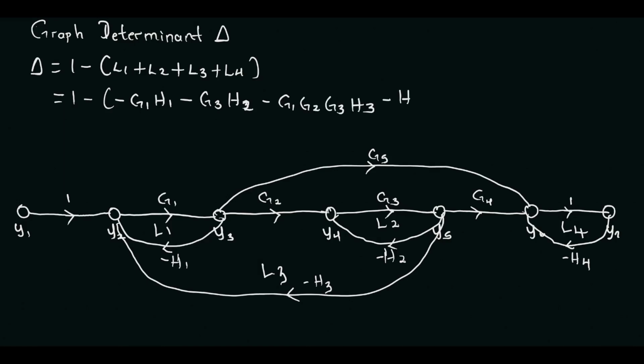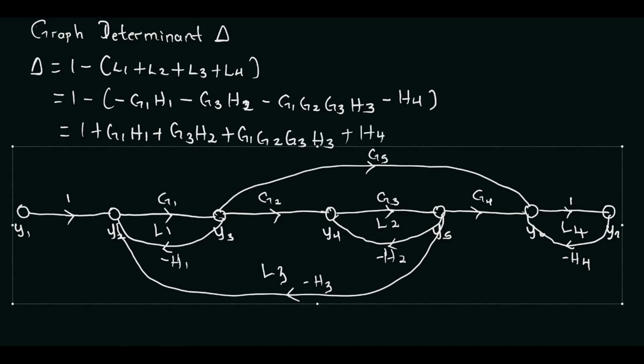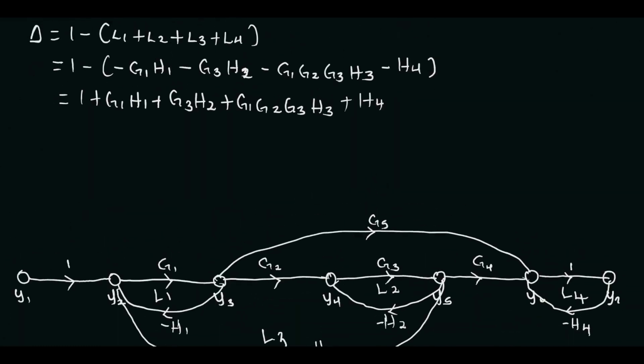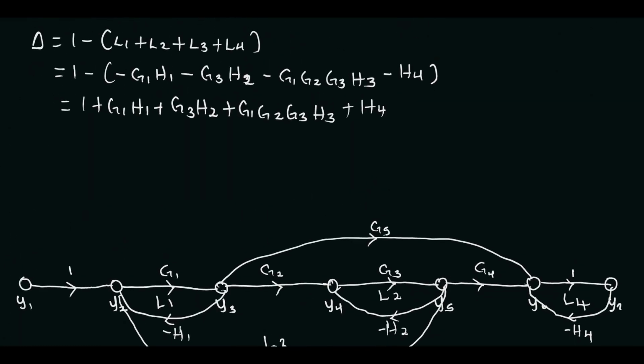Minus H4. This will give equals to 1 plus G1 H1 plus G3 H2 plus G1 G2 G3 H3 plus H4. Yes, we've gotten our total graph determinant.